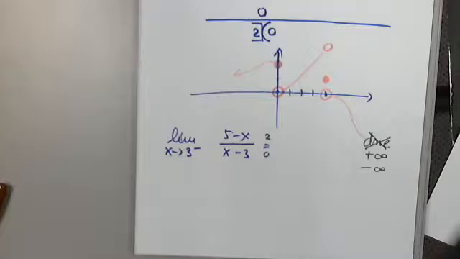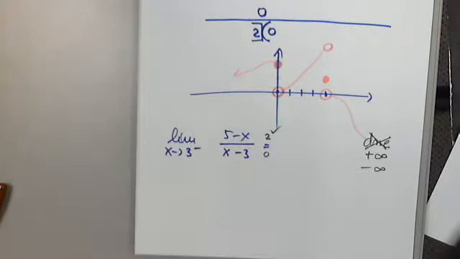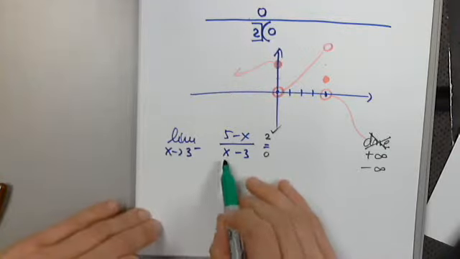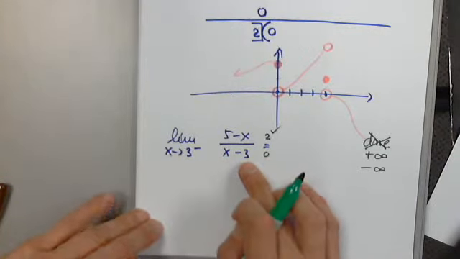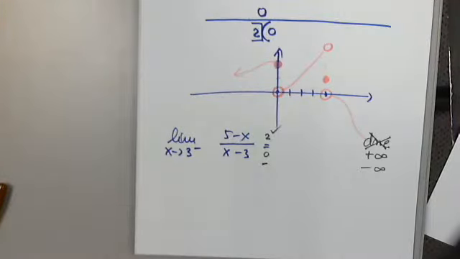Okay, so now I have to plug in a number as close as I can to 3 from the left. Please give me a number as close as you can to 3 from the left. 2.9. Perfect. There is no change here. 5 minus 2.9 is still a positive number. But 2.9 minus 3 becomes what type of number? Negative. So now I know exactly what the answer is.